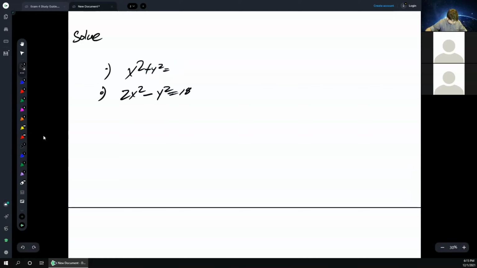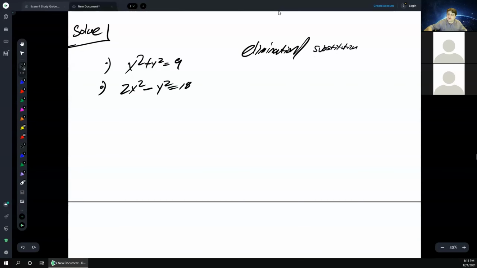Plus y squared is equal to, where am I at? Yeah, there we go, okay. So for all these, we'll do 2 examples of this, but we're looking at elimination and substitution. And some of these you can go either way.